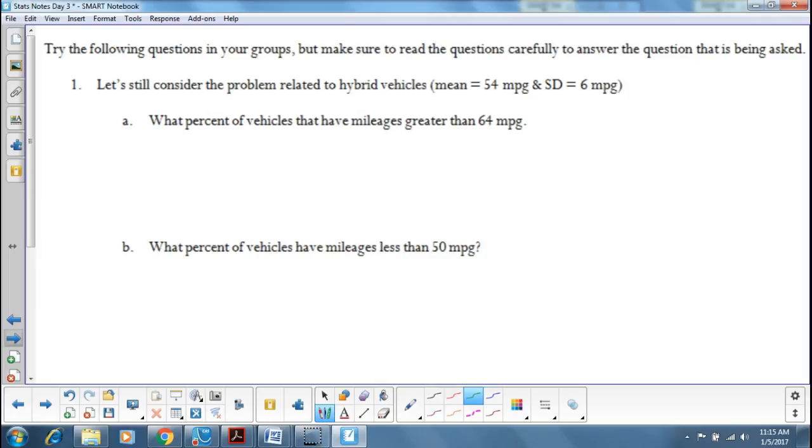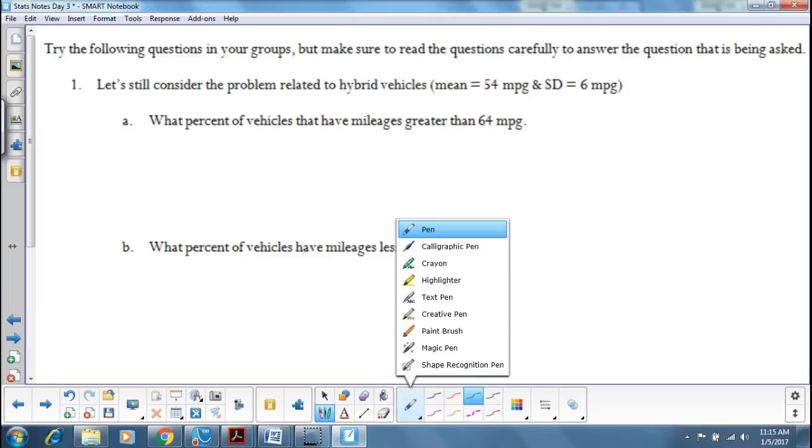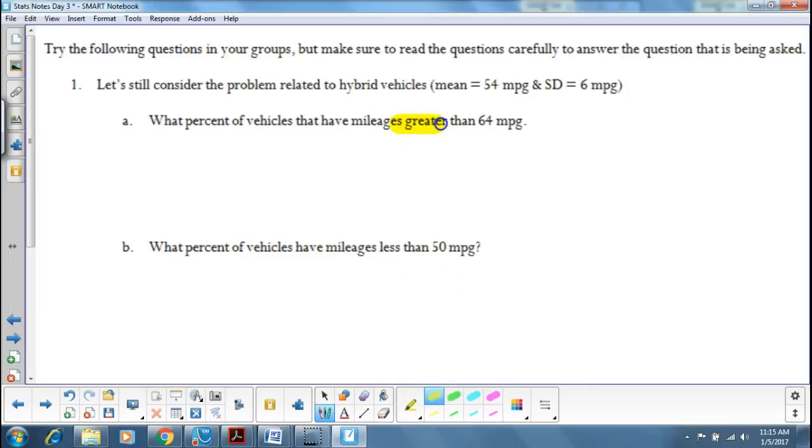For instance, in part A here, we are looking for greater than. Okay? So my z-score, the percentage on here, isn't going to help me in the answer. I'm going to have to do extra work because this red sheet only gives me below or less than. I'm looking for greater than.